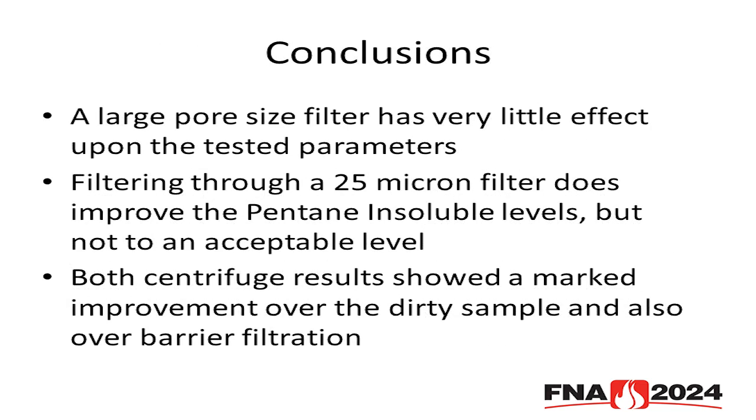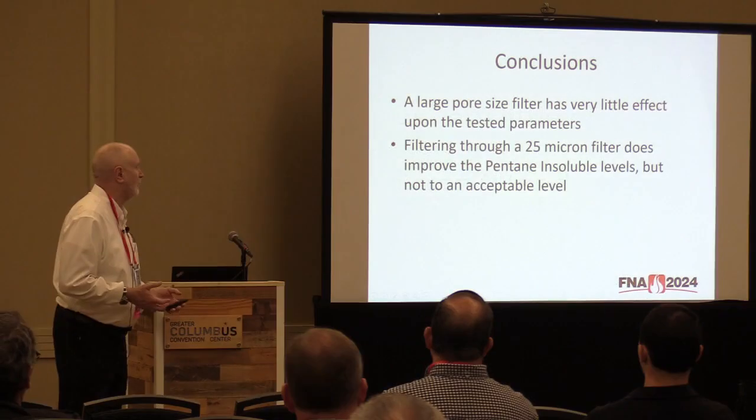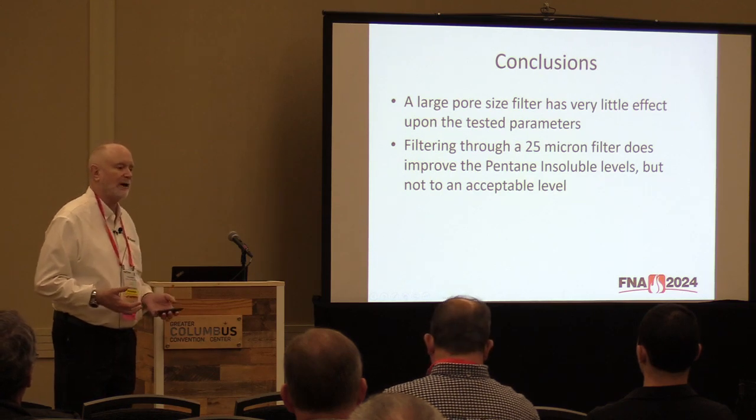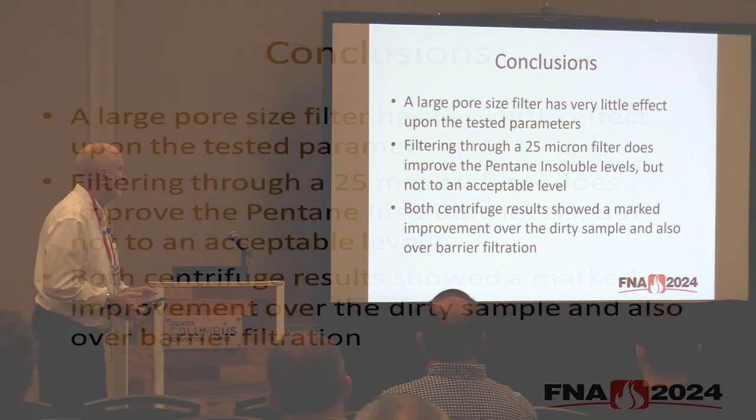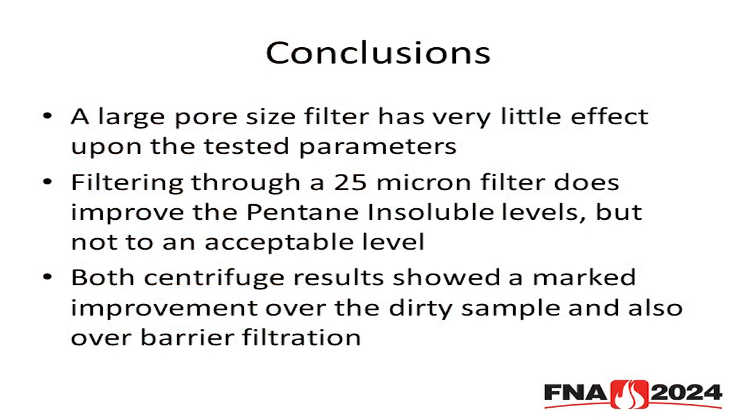So our conclusions were, a large pore size filter has very little effect upon the tested parameters. Filtering through a 25 micron filter does improve the sludge, but not to an acceptable level when you have powdered sludge to start with. Both centrifuge results show a marked improvement over our baseline of bag filtration.